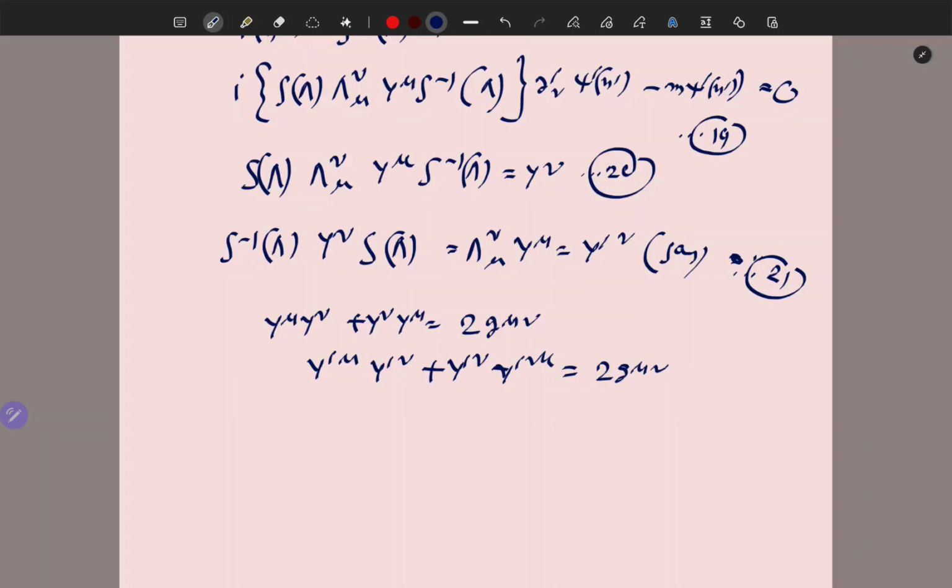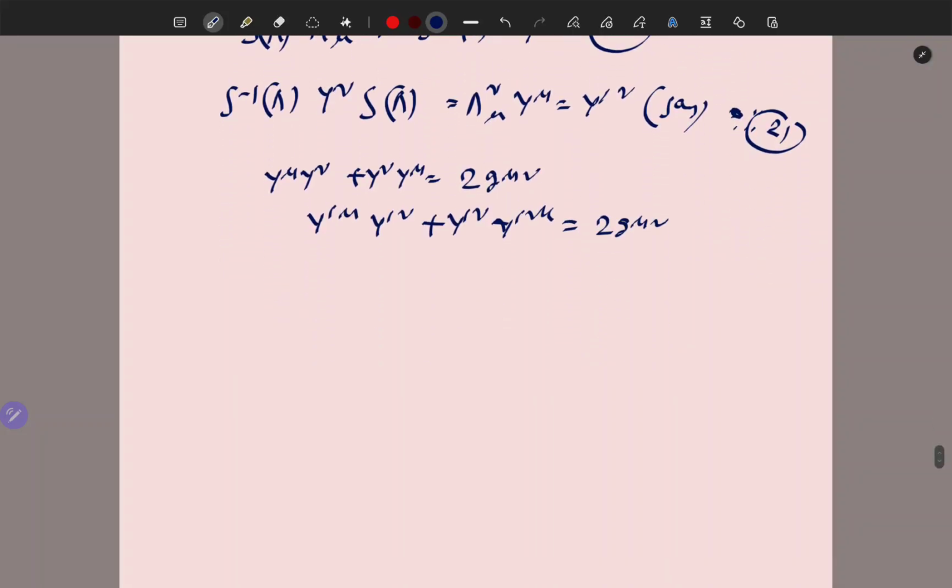We invoke Pauli's fundamental theorem, which states that given two sets of gamma matrices gamma mu and gamma prime mu, such that each satisfies gamma mu gamma nu plus gamma nu gamma mu equals 2 g mu nu, there exists a non-singular matrix S so that gamma prime mu equals S gamma mu S inverse.